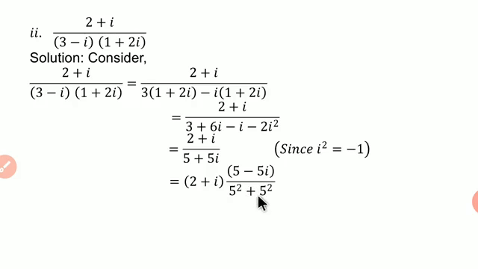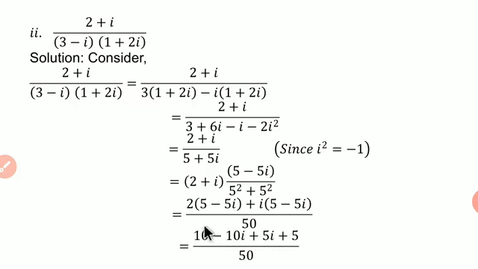Okay, again we use here the property for division of complex numbers. So now it is equal to (2 multiplied by (5 - 5i) + i multiplied by (5 - 5i)) divided by 25 + 25, which is 50. Now open this bracket: 10 - 10i + 5i - 5i². But i² is -1, minus minus becomes plus 5, whole divided by 50.